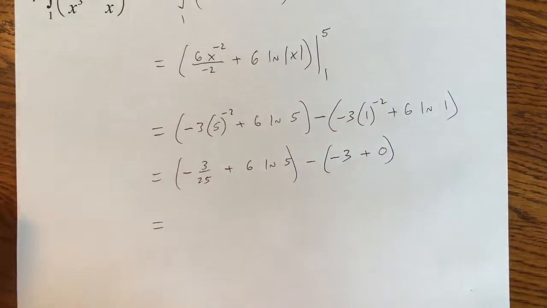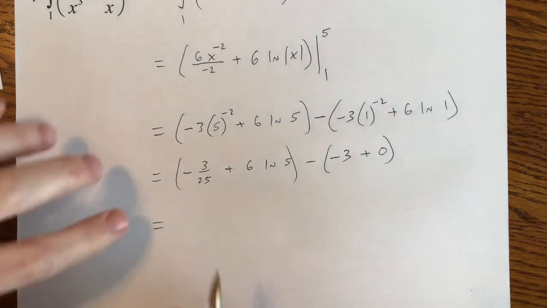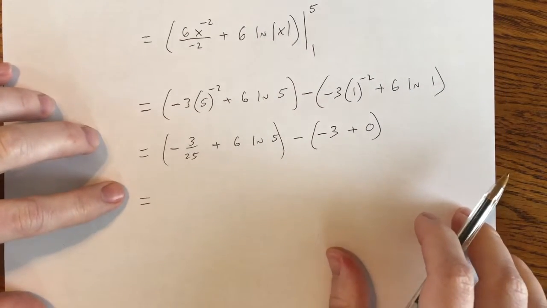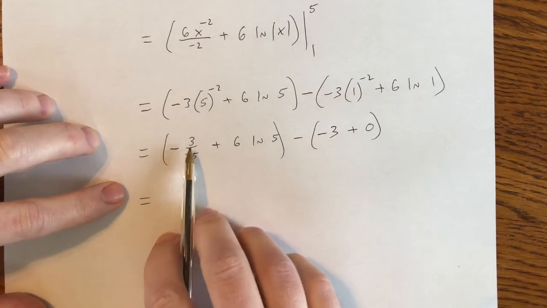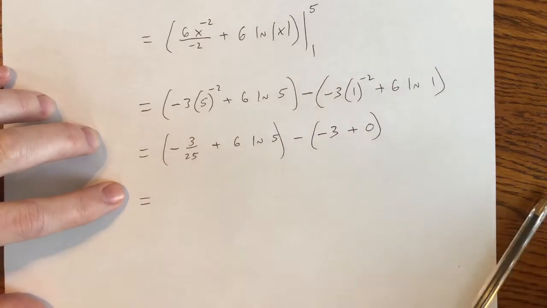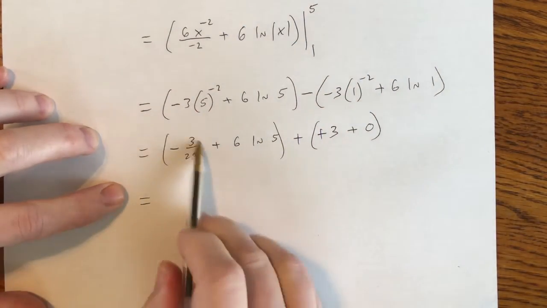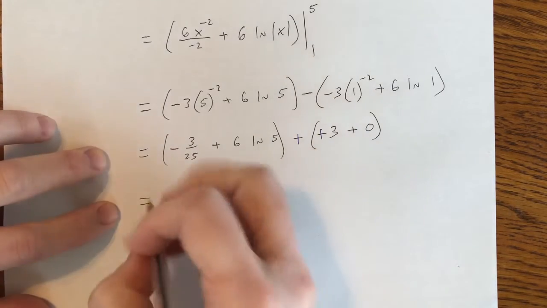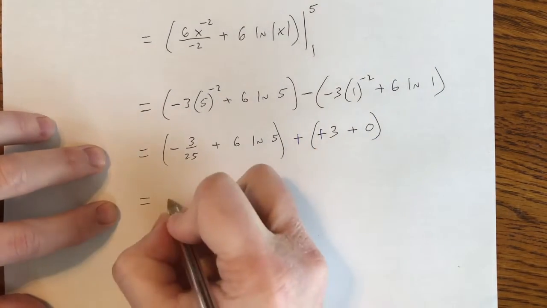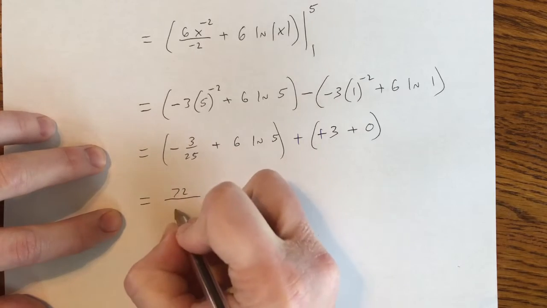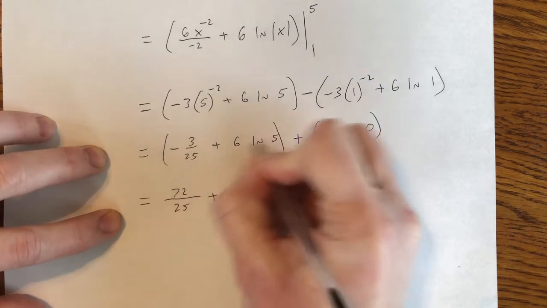All right, so our final answer here is going to be what? In exact value form, your final answer is going to be whatever negative 3 over 25 plus 3 is equal to. Let's do that first. So negative 3 over 25 plus 3 is 72 over 25. And then bring this down.